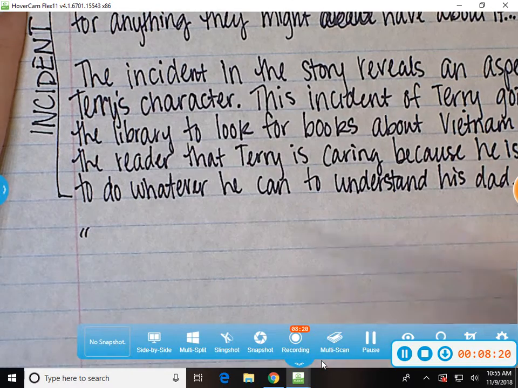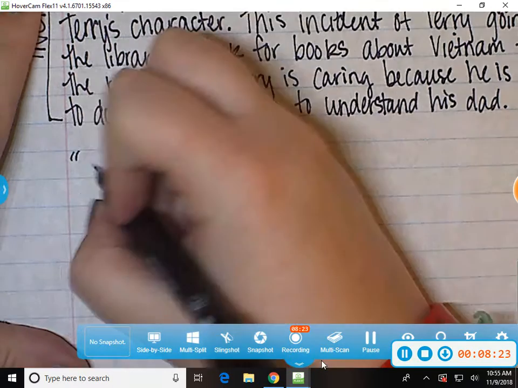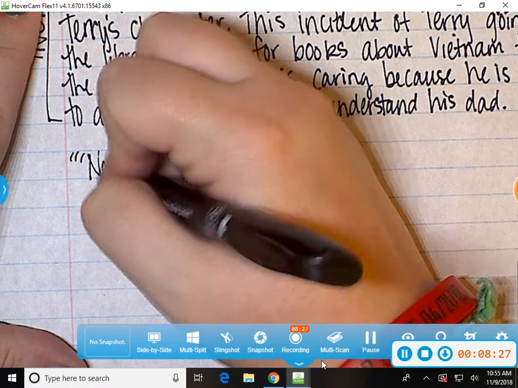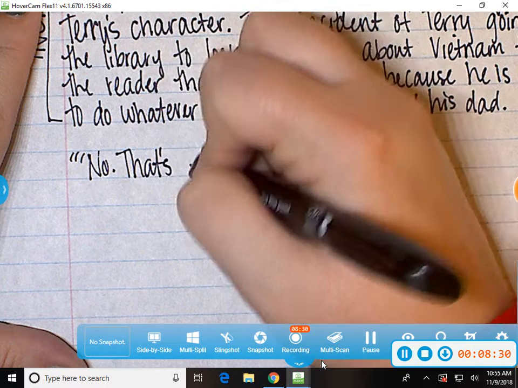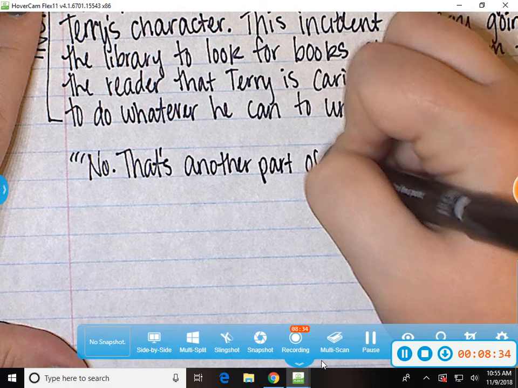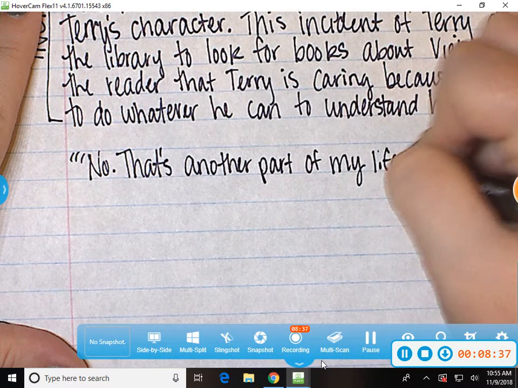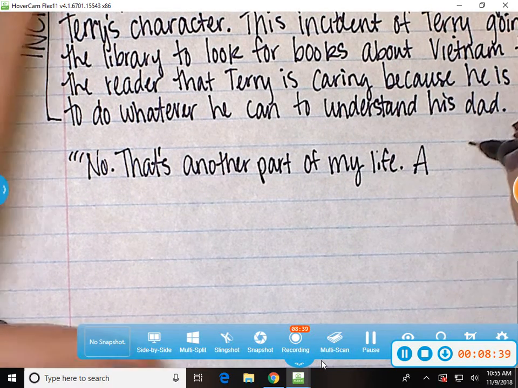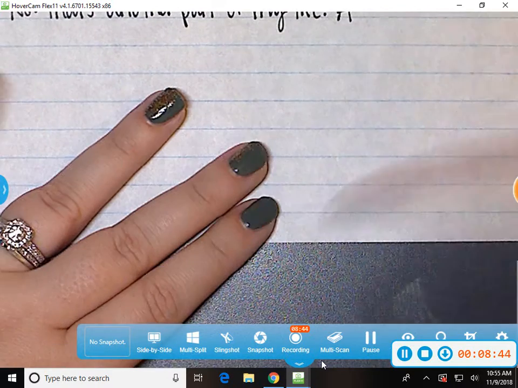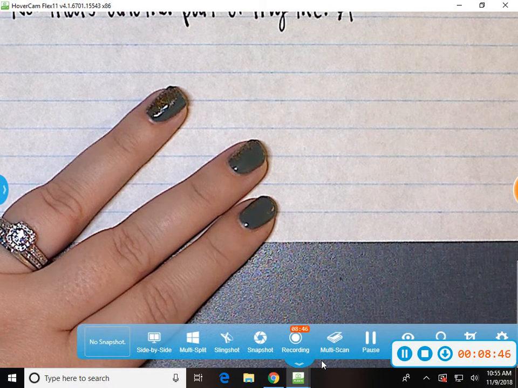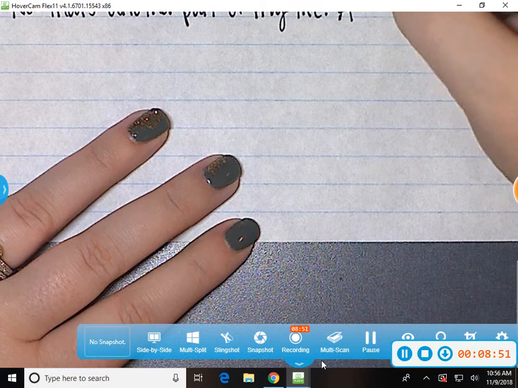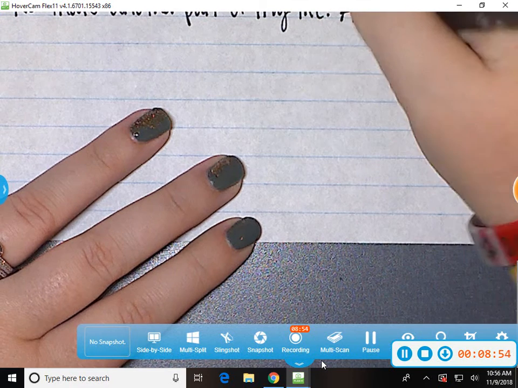So I'm always going to start with 2 quotes, and then I'm going to do one more quote, and I'm going to say, no, that's another part of my life, period. Are you supposed to hit 3? Yeah, because this is a quote. So it has 2 already in the text, so I smash them together. No, that's another part of my life. A bad part.